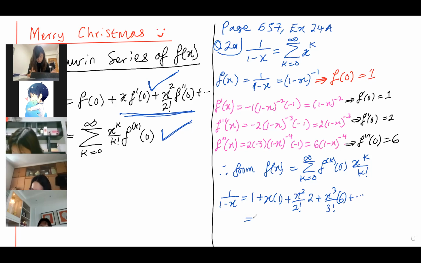So clearly, this is 1 plus x, 2 and 2 factorial cancels, 6 and 3 factorial cancels, and it continues like that, which we write in summation form as the summation of x to power k, k starting from 0 to infinity. And that's all you are asked to show.